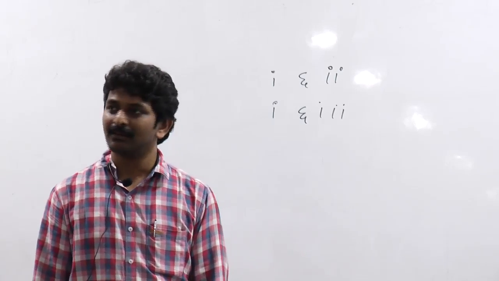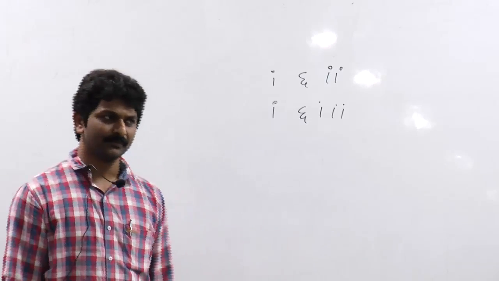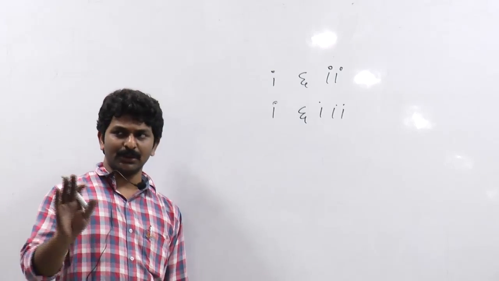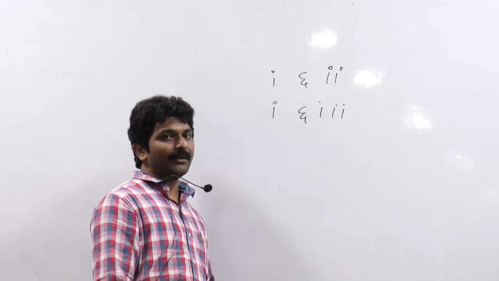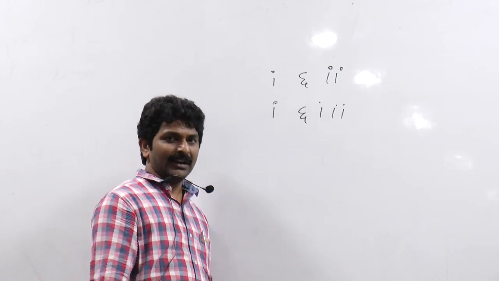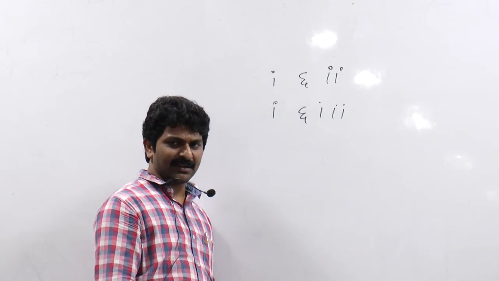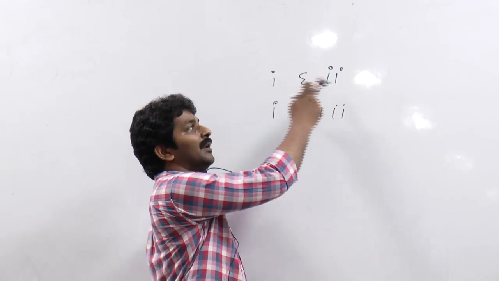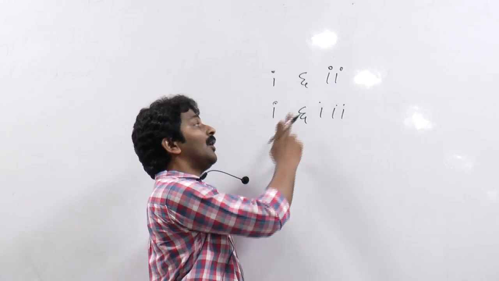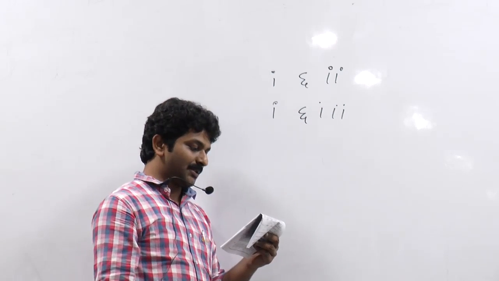No, you will not get it. You will not get the answer using 2 and 3 because you don't know who is elder. They said difference. Difference can be A minus B or B minus A. Hence you will get the answer from 1 and 2 or 1 and 3. Which option?